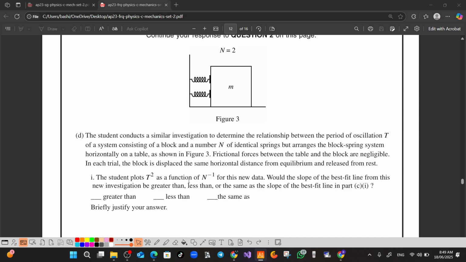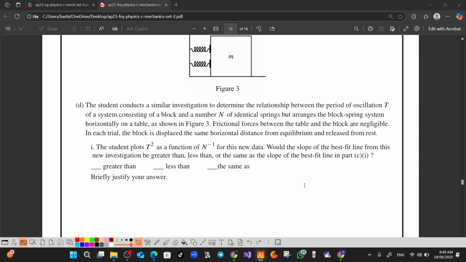The student plots T squared as a function of n minus 1 for this new data. Would the slope of the specified line from this new investigation be greater, less, or the same as the slope of the specified line in part C? First, I should tick one of these answers, but let me remind you that vertical and horizontal oscillators, in the absence of friction, will obey the following formulas.